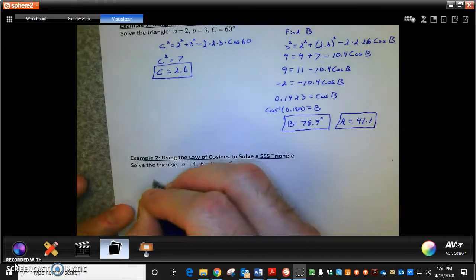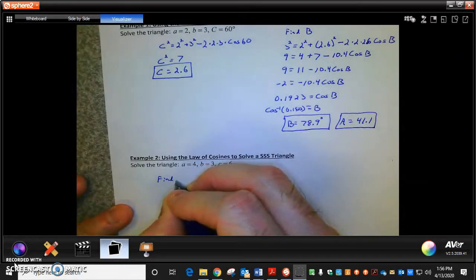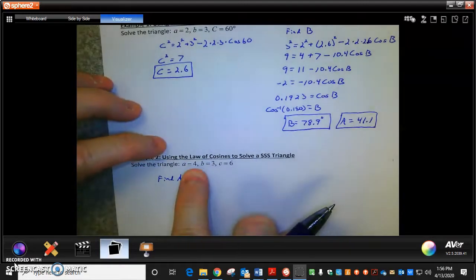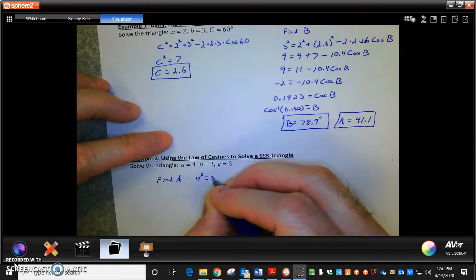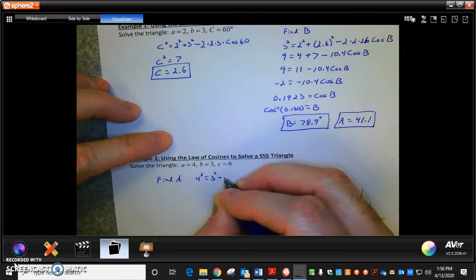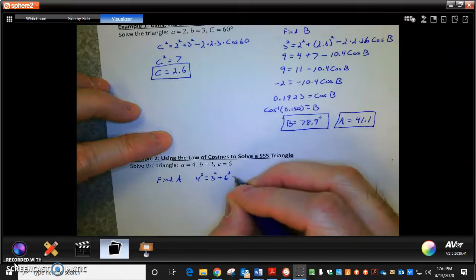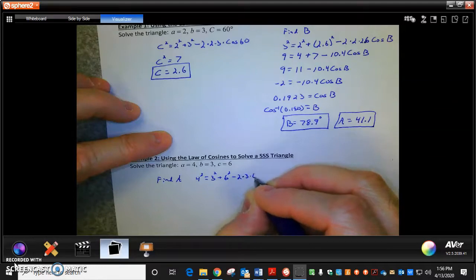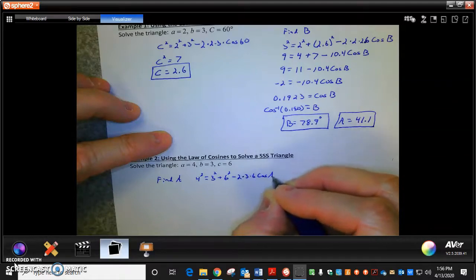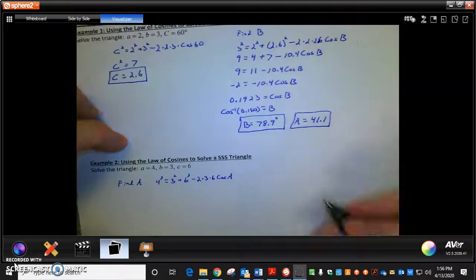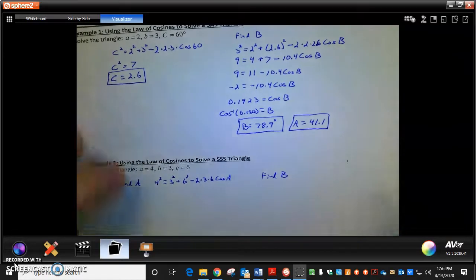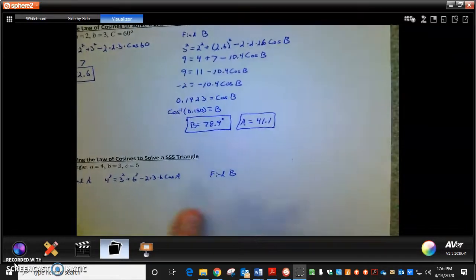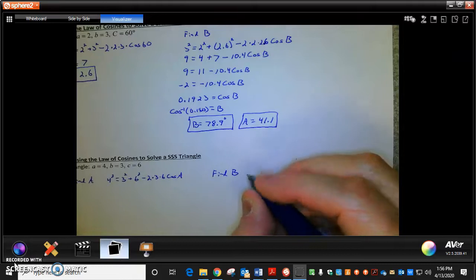So let's say I want to find angle A. So I'm going to use the formula that starts with little a. 4 squared equals b squared plus c squared minus 2 times 3 times 6 times the cosine of A. And then I could also find, let's say big B. I could find big B by using those numbers and just using the formula that starts with little b.